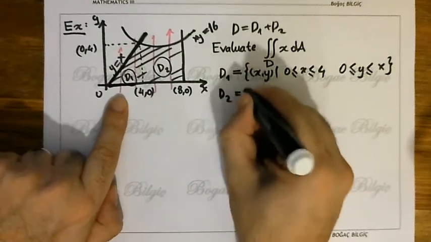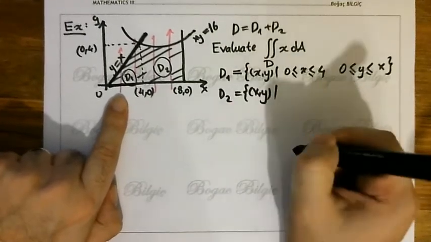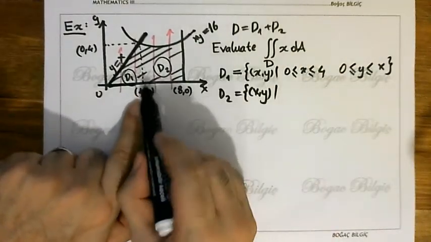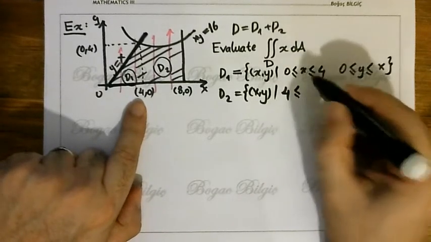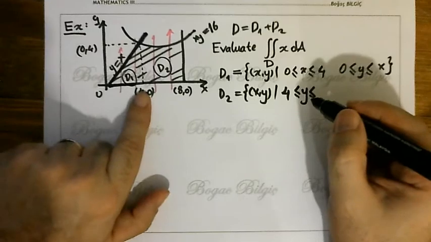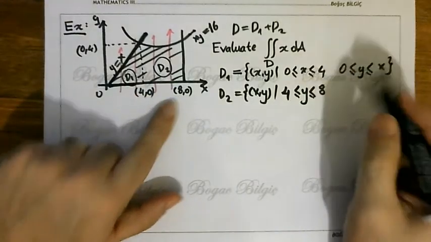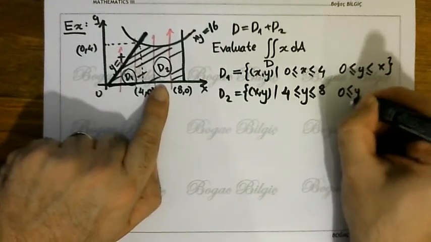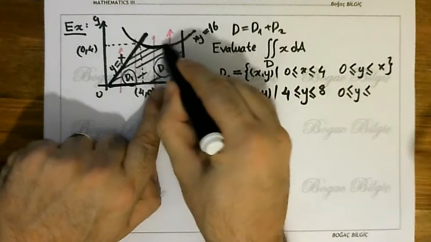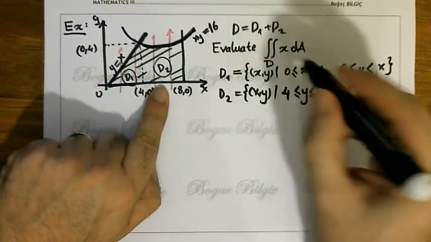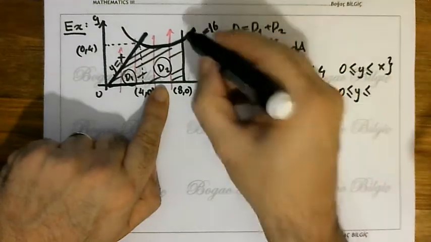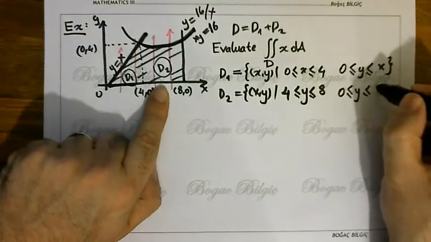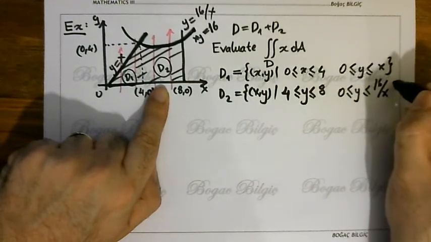And D2 is the set of (x, y) such that x is from 4 to 8, the lower boundary is 0, and the upper boundary is y equals 16 divided by x.